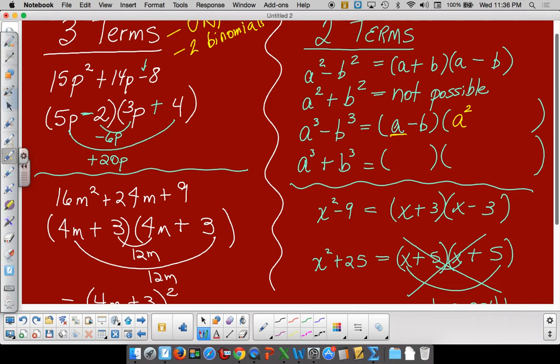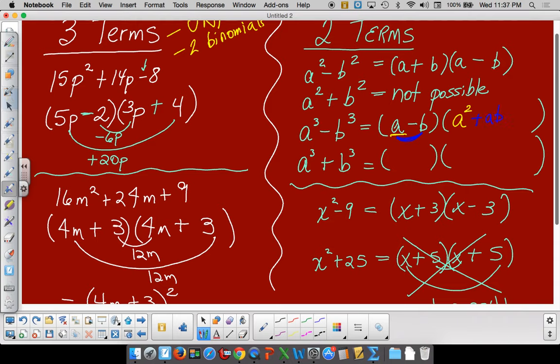So you square the first term, then you multiply the two terms you wrote down, the a times the b. But you always have to do the opposite sign. So if this was a minus, that will be plus a times b.